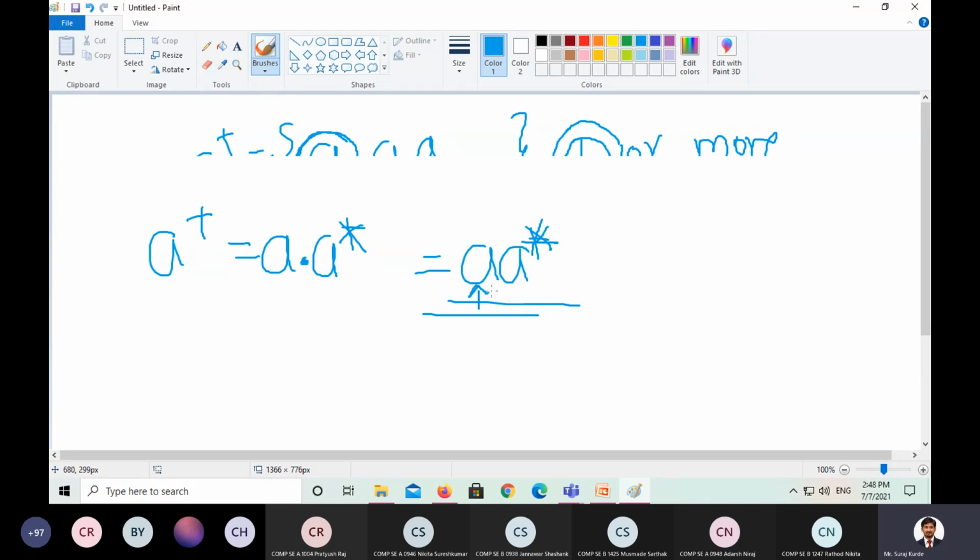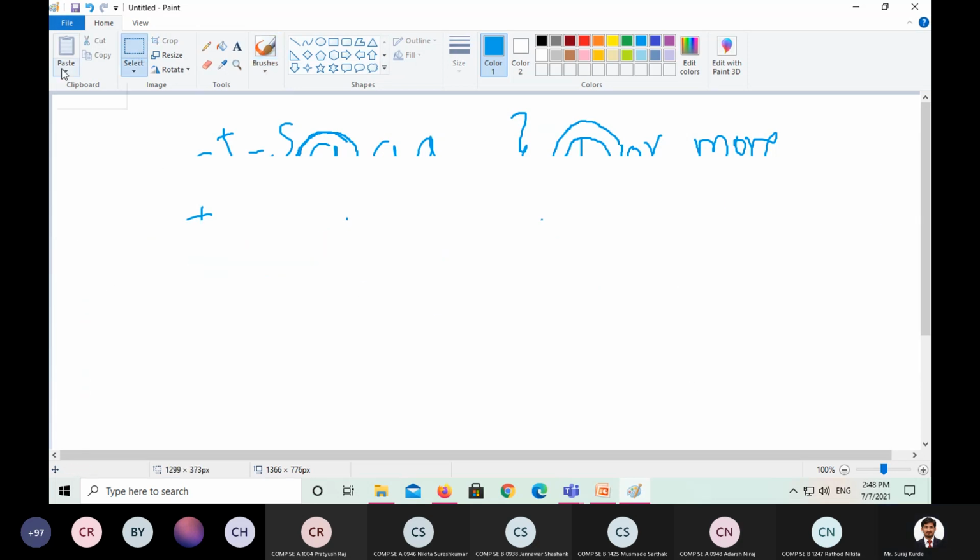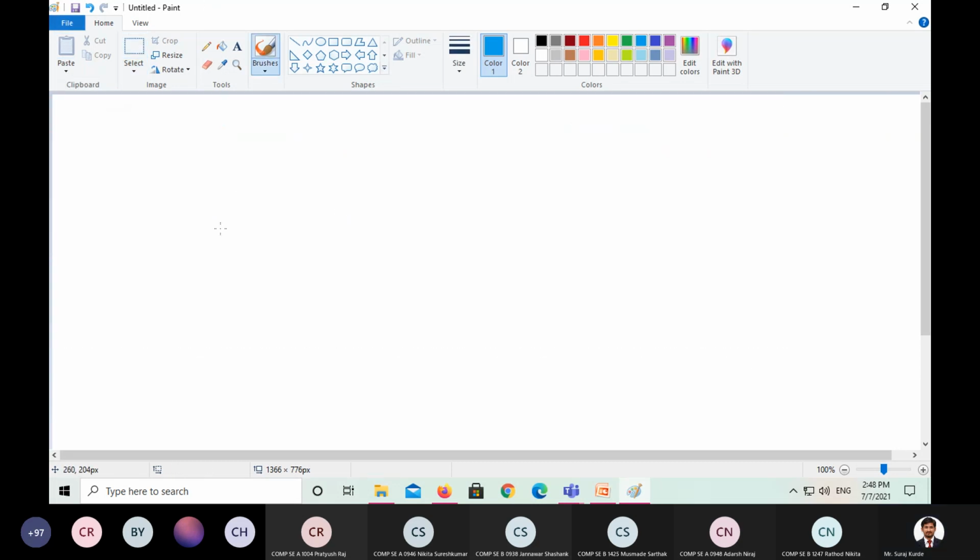First A is there. Then A star means 0 times, 1 time, 2 times, 3 times, and so on. So I can repeat this A any number of times. So what will be the transition diagram? For this, the transition diagram will be Q0, accepting the given alphabet as an input.